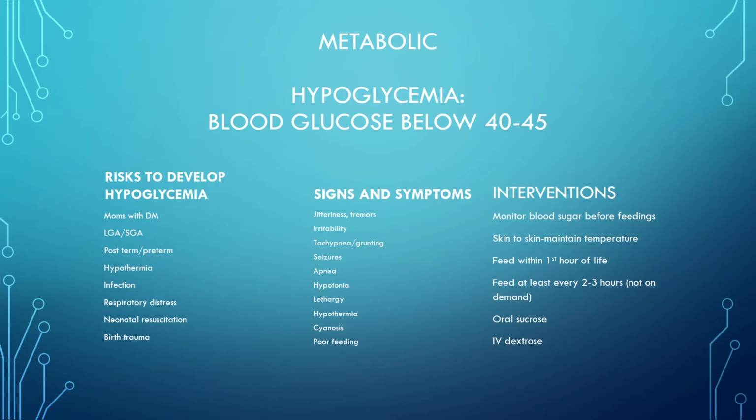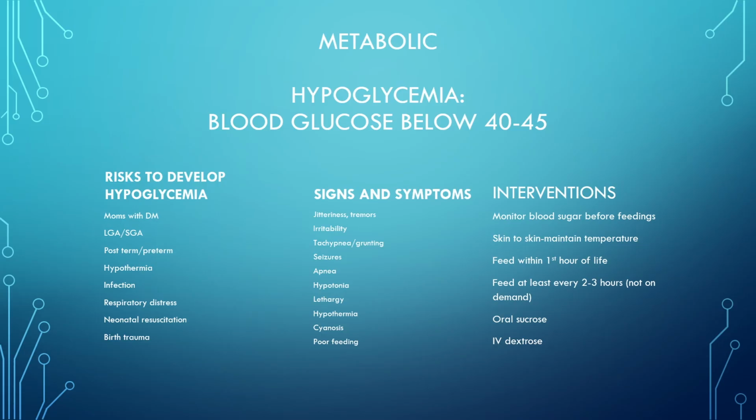If we check their blood sugar and it's low, we're going to do a couple of things. It'll depend on where you work and what your protocol is, but if it's low, we're going to try and feed again. Sometimes you can do some oral glucose gel, and then you're going to recheck, reassess, right?